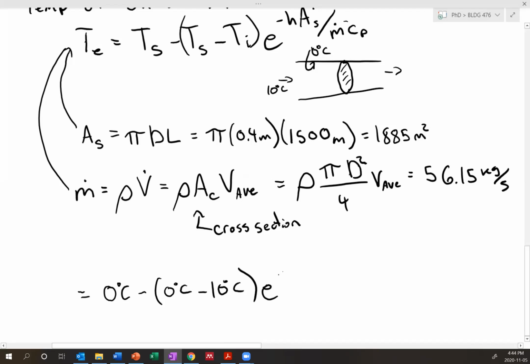Kelvin will always be right, and degrees Celsius is right if it's the same as your result if you're using Kelvin.